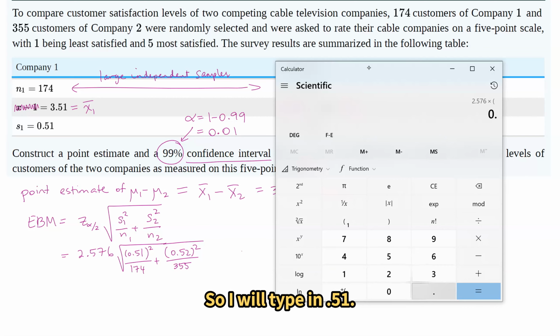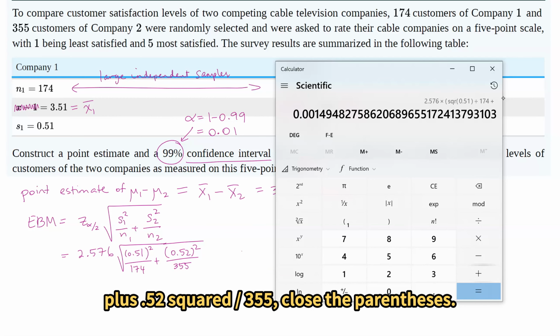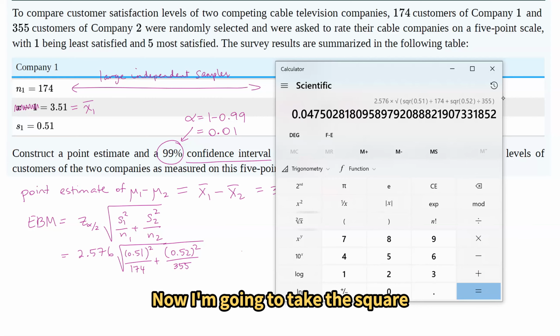So I will type in 2.576 times 0.51 squared divided by 174 plus 0.52 squared divided by 355, close the parentheses, and now I'm going to take the square root.